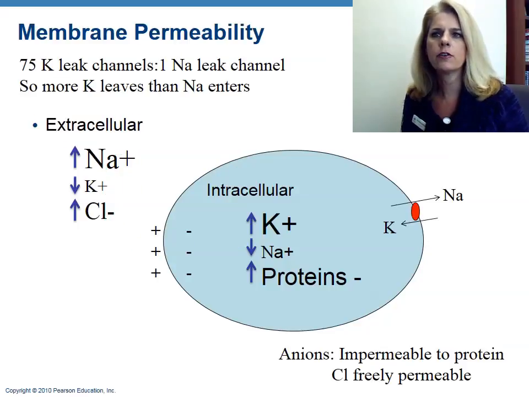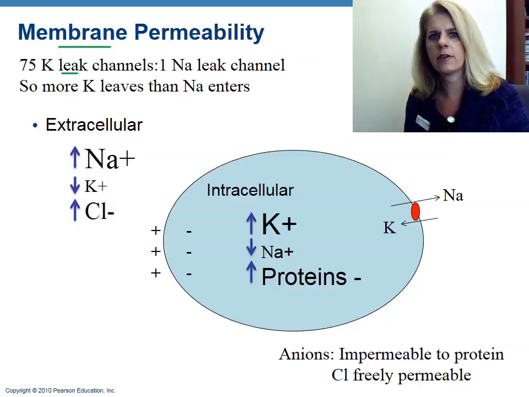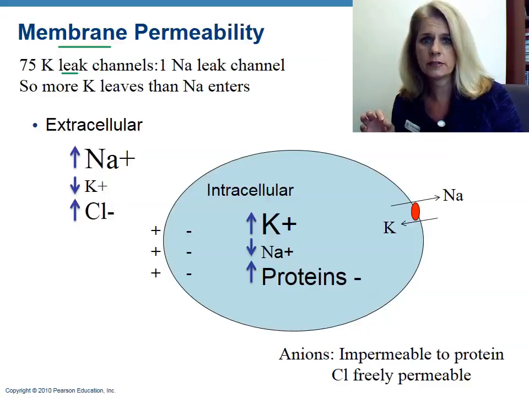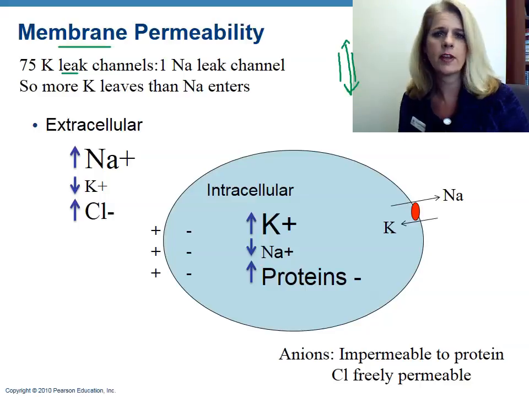If you look at a neuron, you have differences in membrane permeability. And you have leak channels, and think back to your earlier discussion on how things move across a membrane. Remember, you have proteins that are inserted in the membrane, and some of them are just simply channels that allow things to move through them. They don't have to open or close.